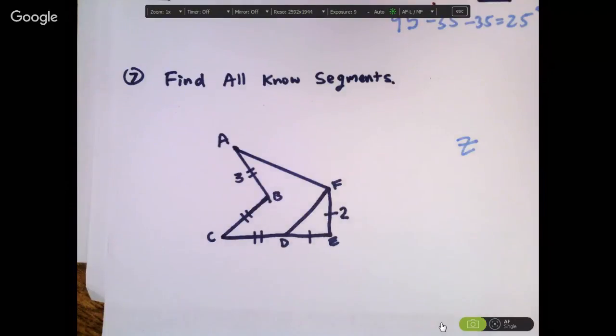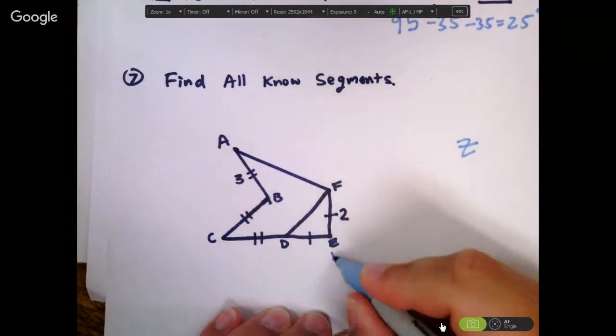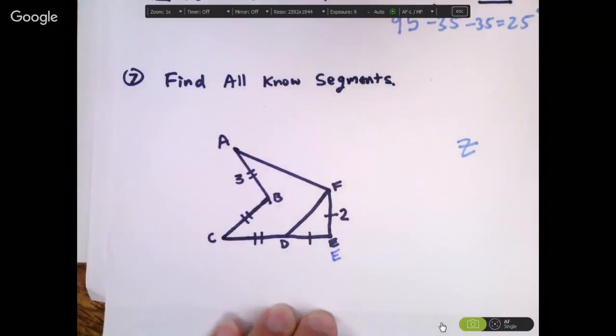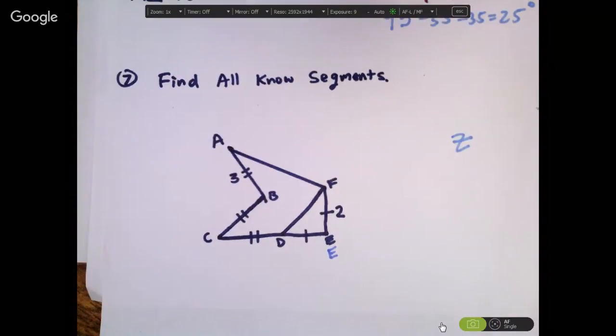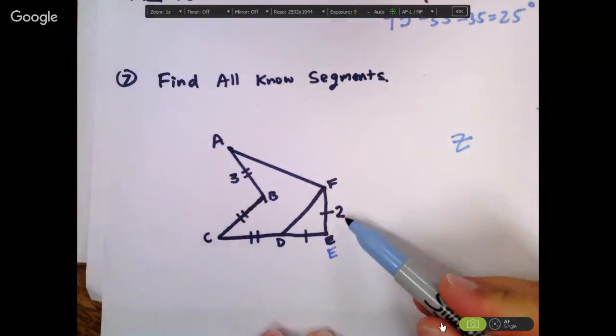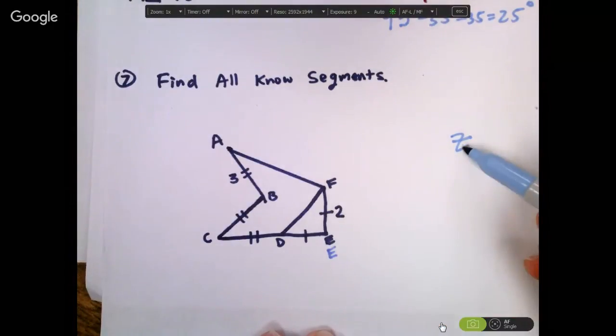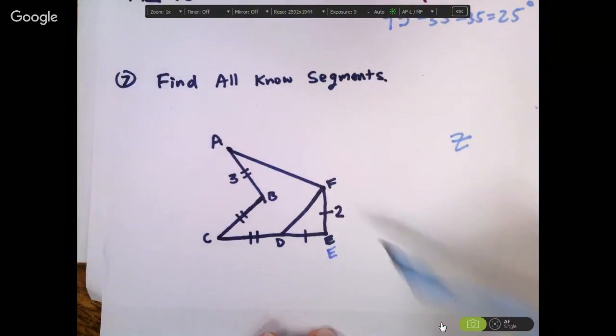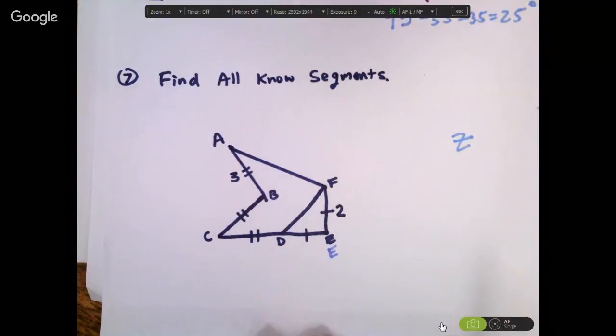This is an E. Oh, I knew that was an E. Okay. Come on, guys. Now you're just being mean. He asked me if this was a 2. And I said, no, this is a Z.